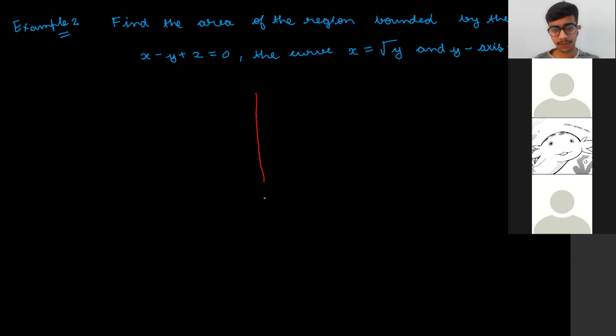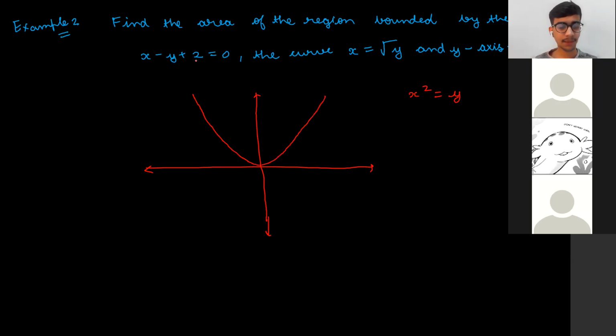Okay, so let's say this is my x-axis, sorry, y-axis, my x-axis. Now x is equal to root y is actually the same as x square is equal to y. That means it's a parabola with its axis on the y-axis. So this is how my parabola looks, right? And x minus y plus 2 will be a line which passes through (minus 2, 0) and (0, 2).